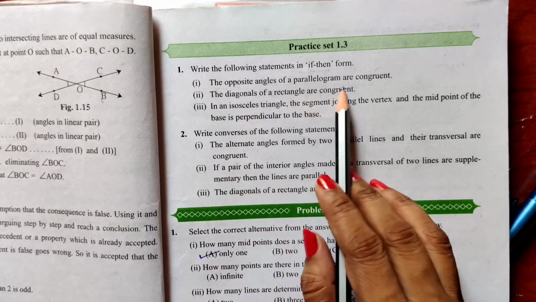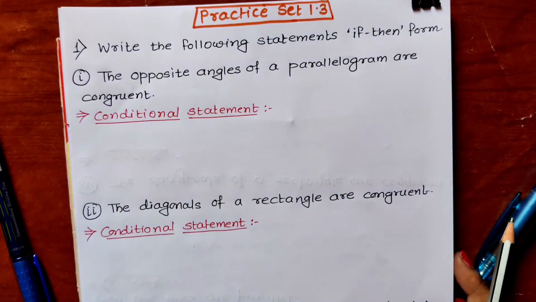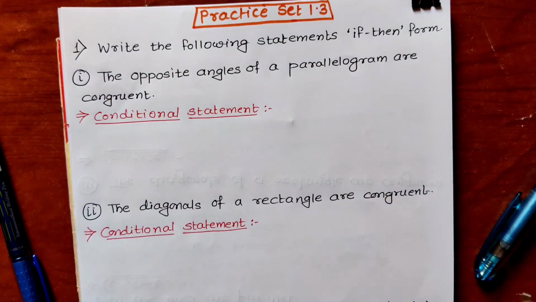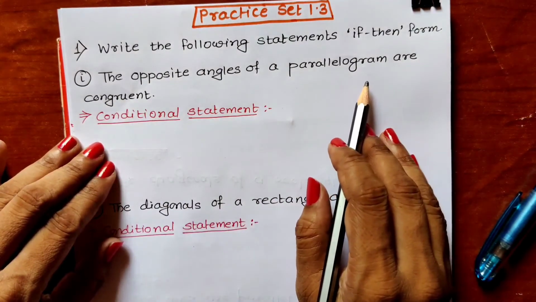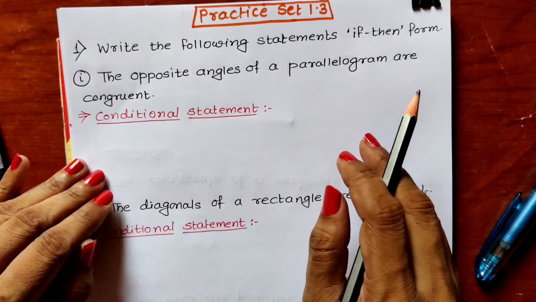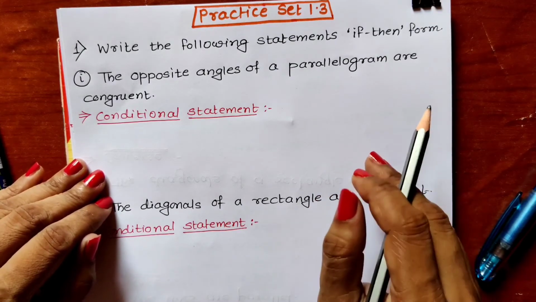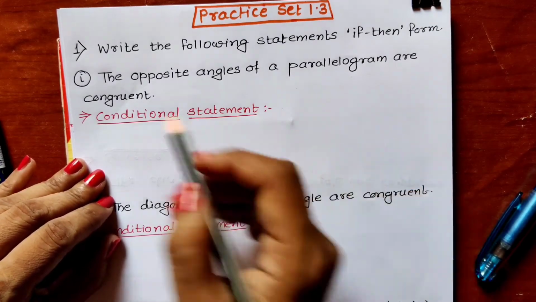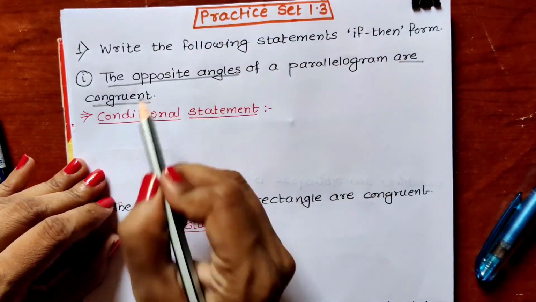The opposite angles of a parallelogram are congruent. So we have to write its conditional statement. Let us see which two parts we can make of this sentence. The first part will be the question part, that means the antecedent, and the second part will be its result or answer, that means the consequent. So the opposite angles are congruent.